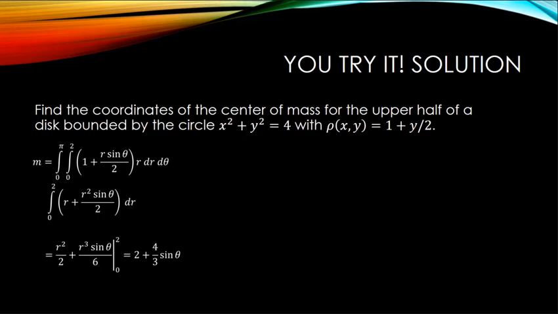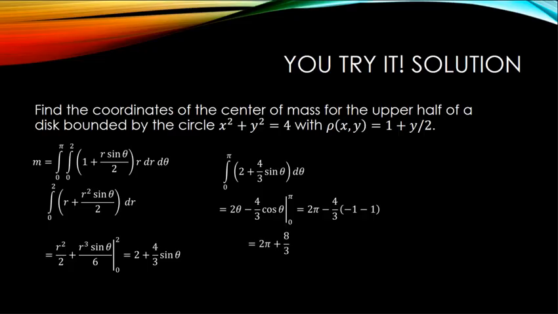This becomes 2 plus 4/3 sine theta. Now I plug that in as my integrand to my outer integral. I get the integral from 0 to pi of 2 plus 4/3 sine theta d theta. I integrate that, plug in my limits of integration and simplify, and I get 2 pi plus 8/3, or I can write it as 6 pi plus 8 over 3.